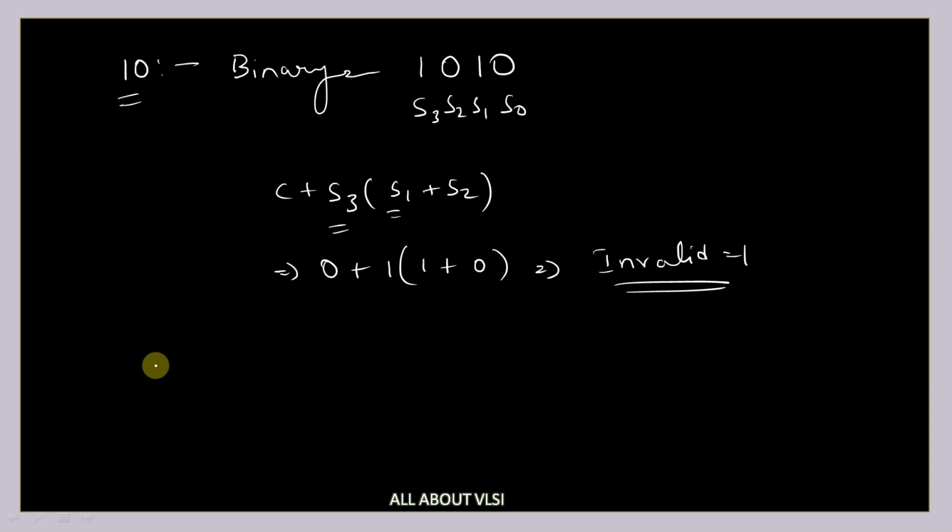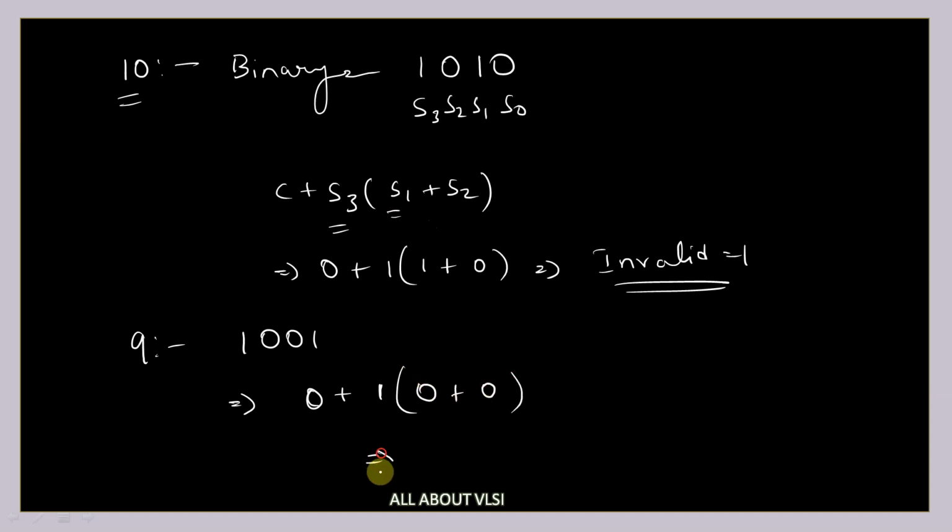Let's take a valid code. For example, 9 is nothing but 1001. Consider C plus S3 into S1 plus S2. C is 0, S3 is 1, S1 is 0, and S2 is also 0.